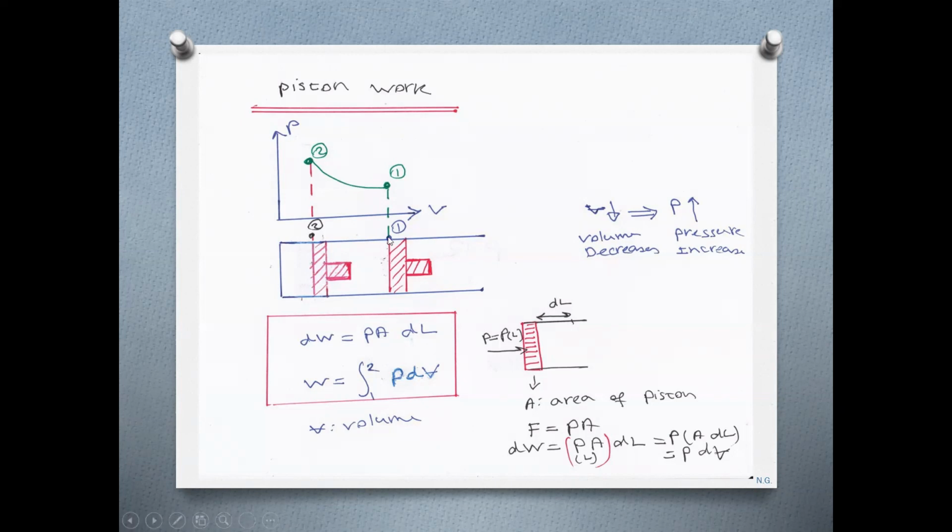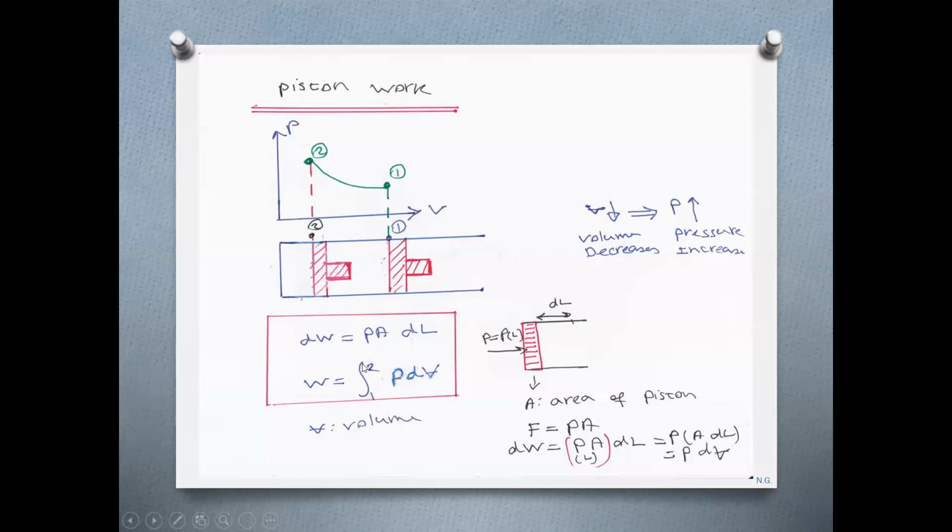And then when you want to calculate work, you divide this distance into dl, and PA times dl is the differential work. Then you take the integral, which means you add them up.